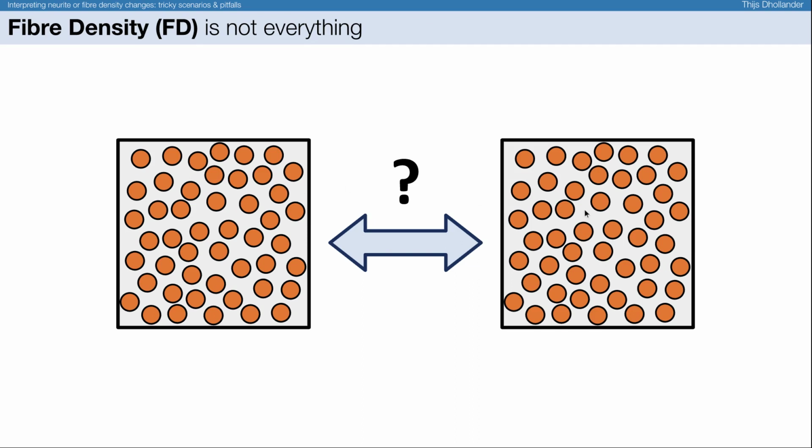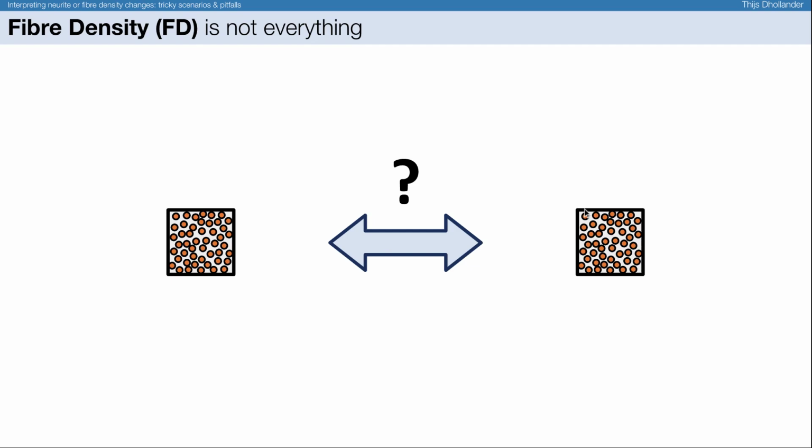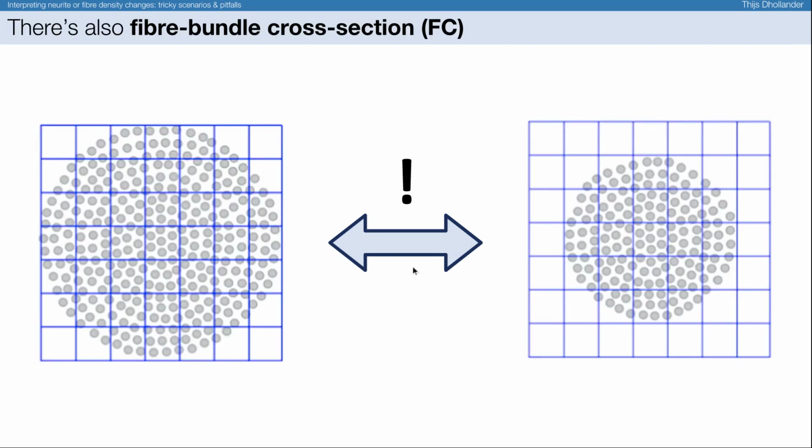But those are only two tiny voxels. And these tiny voxels, they are part of a wider context. And if we zoom out a little bit further, in this image now, a single blue square there is a single voxel, and the gray dots are the axons still. So we see that maybe one of these voxels here, compared to one of those voxels there, indeed has the exact same density.